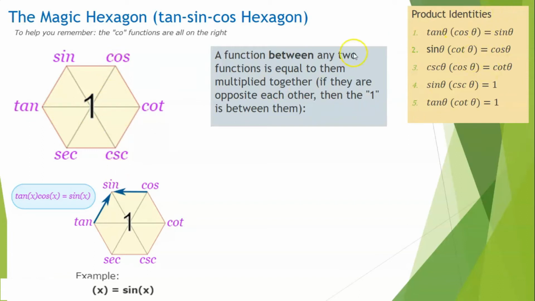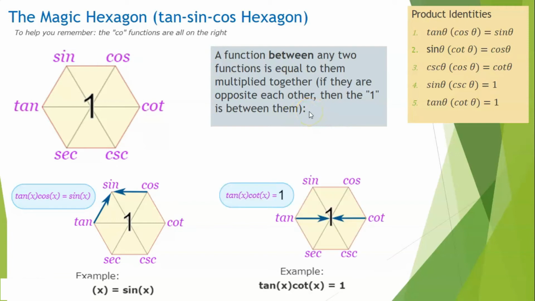That's an example of product identities. Although you can also multiply functions that are opposite each other. So for example, tangent times cotangent equals 1. Sine times cosecant is equal to 1. So remember, they are reciprocal functions. That's why it will always end up with 1.